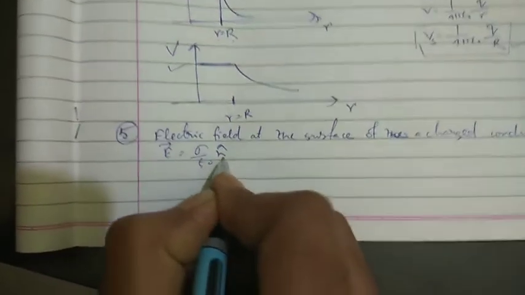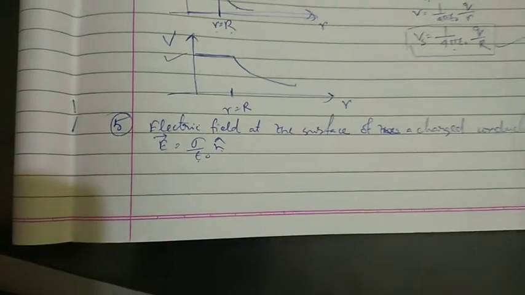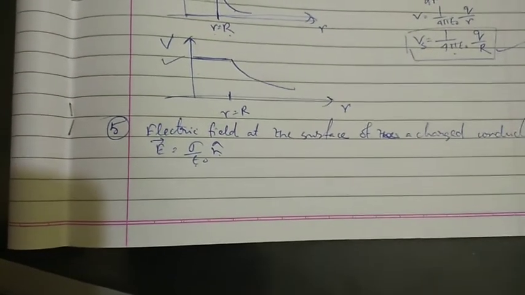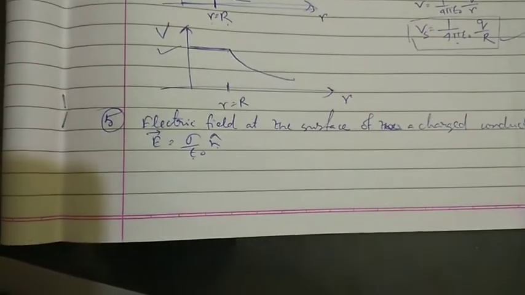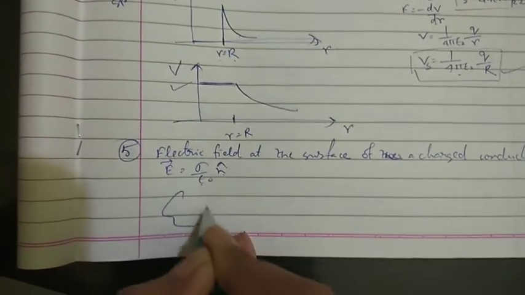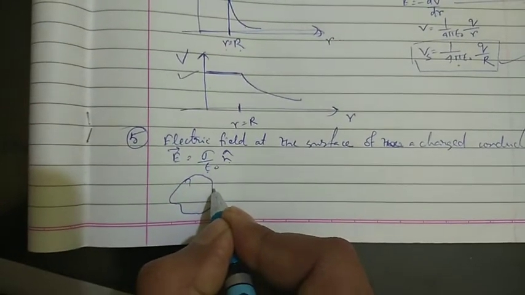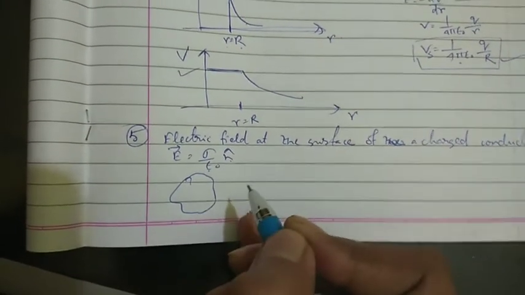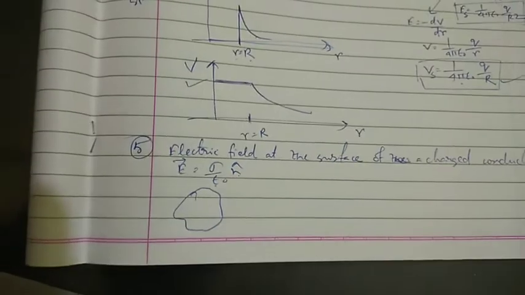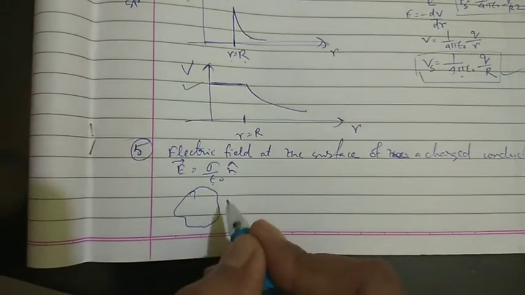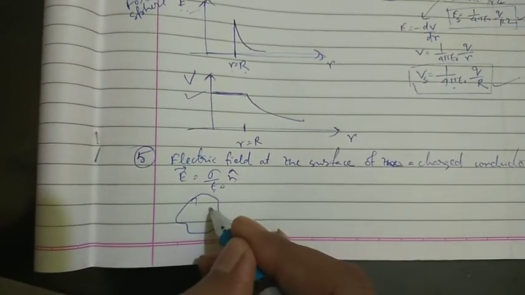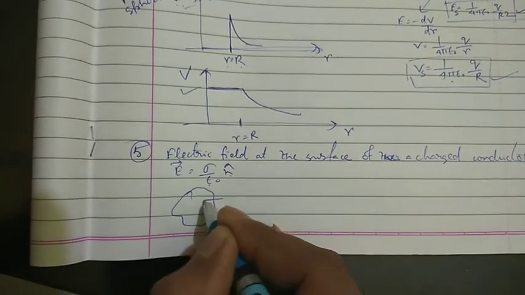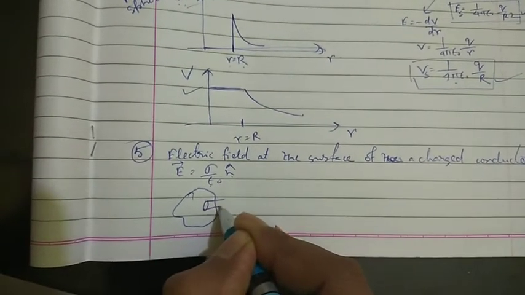Now next is: the electric field at the surface of a charged conductor is sigma by epsilon naught times n cap, where n cap is the outward normal at any point on the surface. Now to prove it, consider any shape of conductor, and suppose we want to find the electric field on the surface. To find that out, we'll consider a small cylinder as a Gaussian surface.